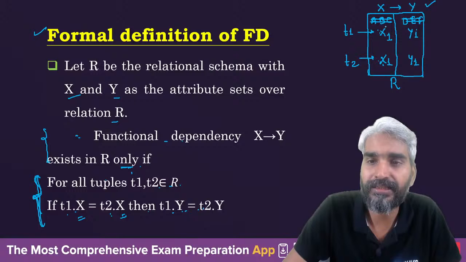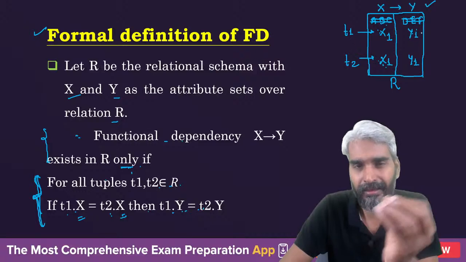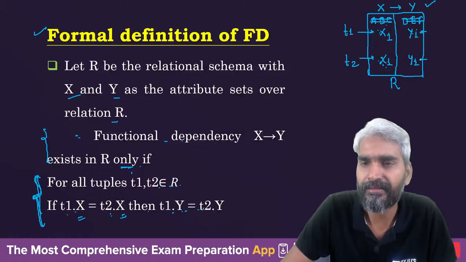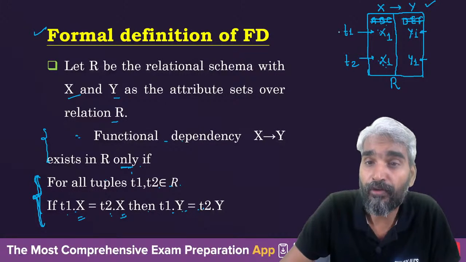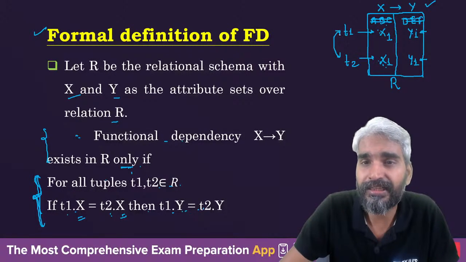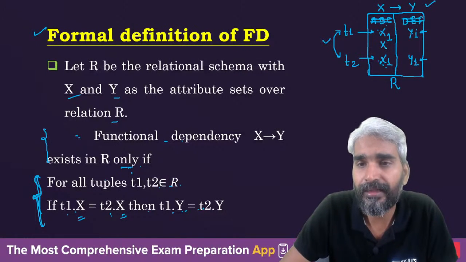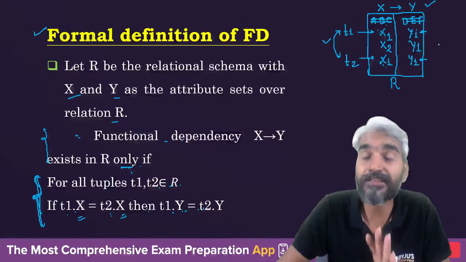Whenever X1 appears in the attribute set X, the same value should appear in Y. This need not be Y1; it may be any element, but if Y1 is present at one place, then the same element should be present at the other. So for these two tuples the condition is satisfied. Let's assume there is another tuple for which the value is also Y1. Is it justified? Yes.